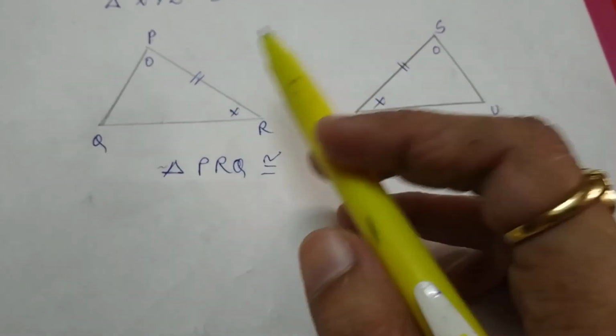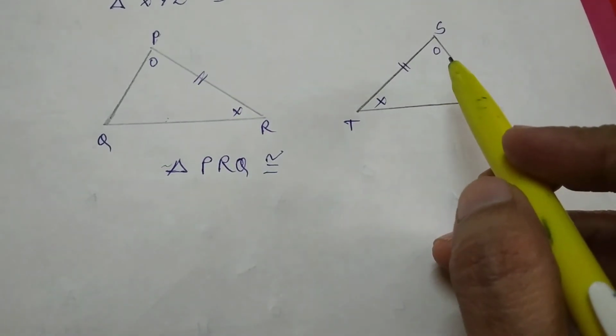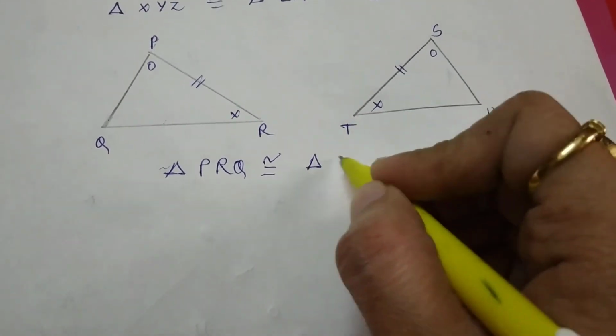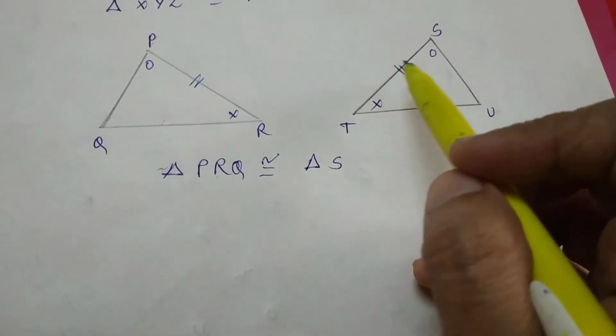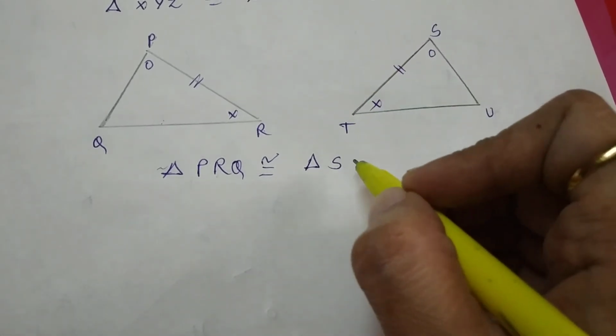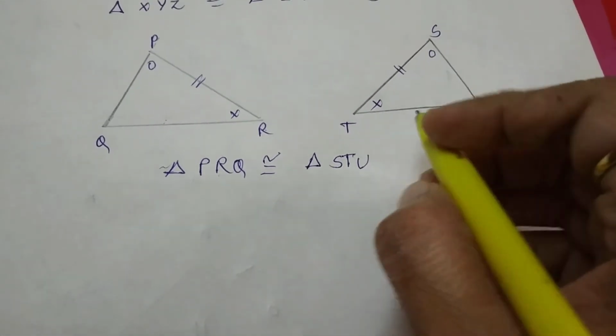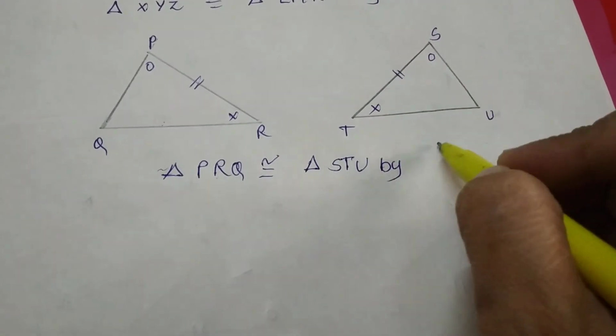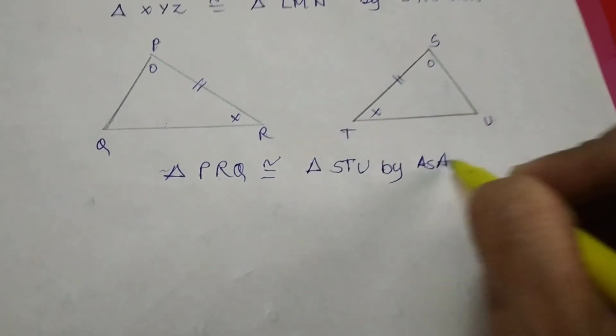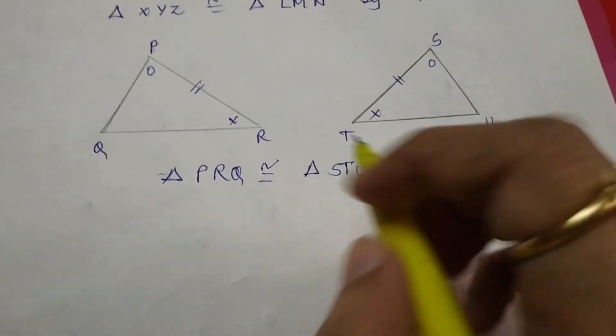As I wrote P here first, I'll write down S here first. So S. Then after P I wrote R, so after S I'll write down T. So triangle PRQ is congruent to triangle STU by ASA test.